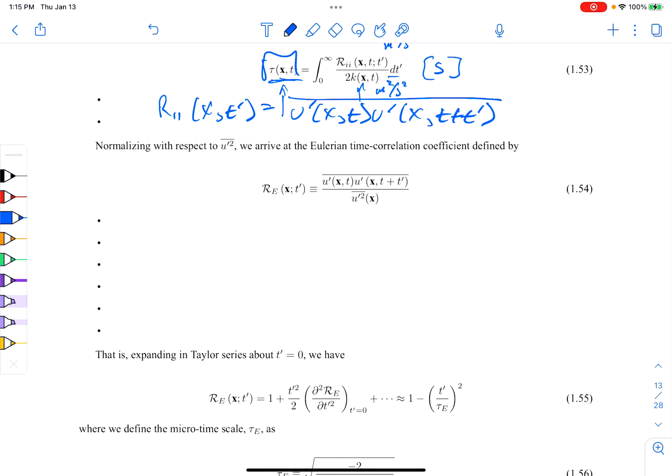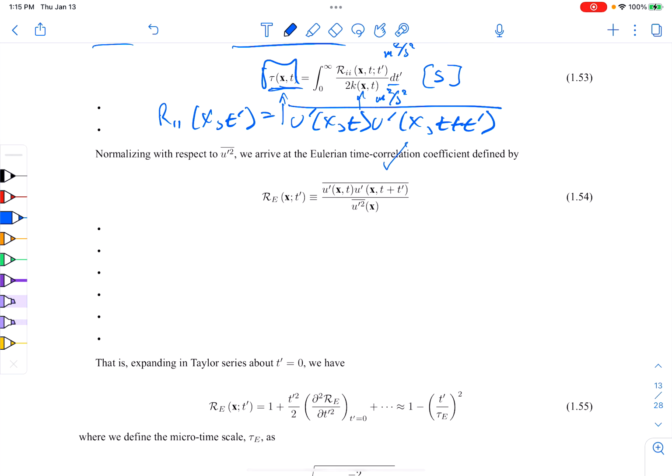So let's look at our next equation. If we normalize this form by u prime squared, the RMS velocity, we'll get what we call the Eulerian time correlation coefficient. Let's talk about some properties, and we'll show a graph of this in figure 1.7 in a second. You'll notice that if I set t equals 0, t prime equals 0, then of course RE equals 1.